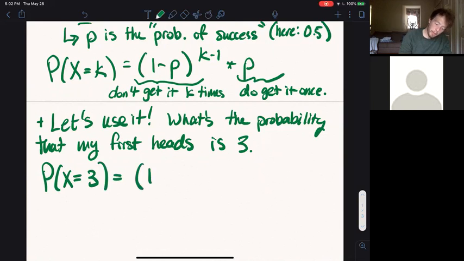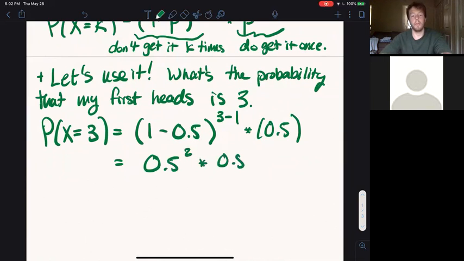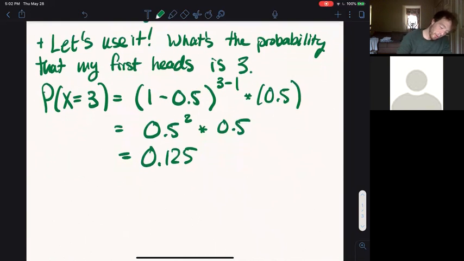Since my coin is fair, I'm going to plug in 0.5 for p and 3 for k. What is this? 0.5 squared times 0.5, which is 0.125. So this is the probability that if I'm flipping a coin, with 0.125 probability the third flip is the first heads that I observe. Pretty straightforward.